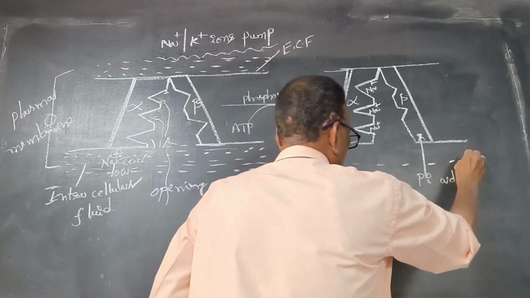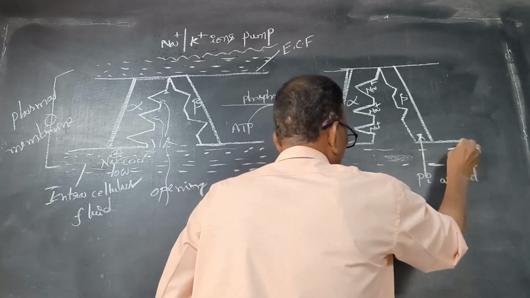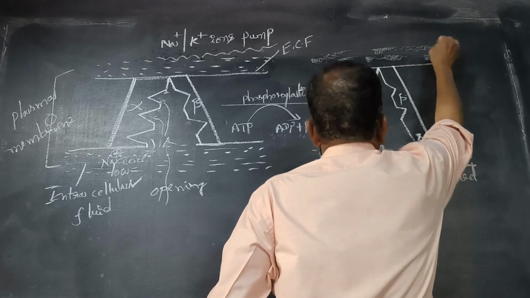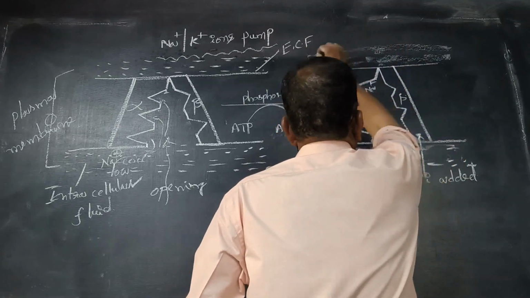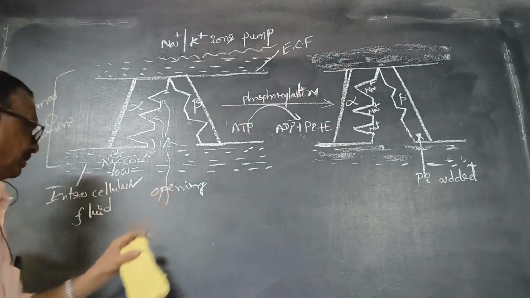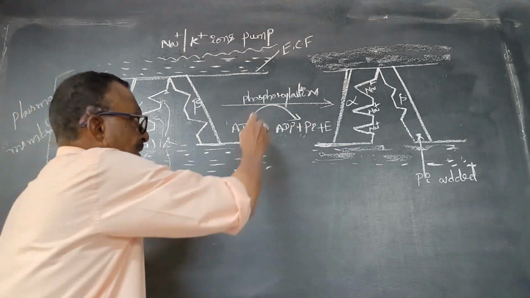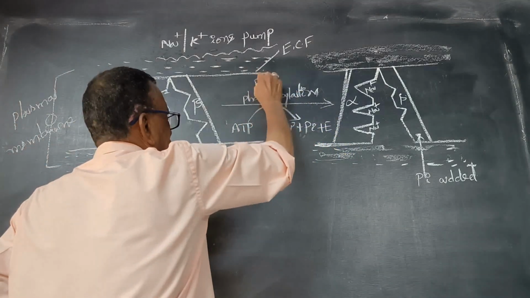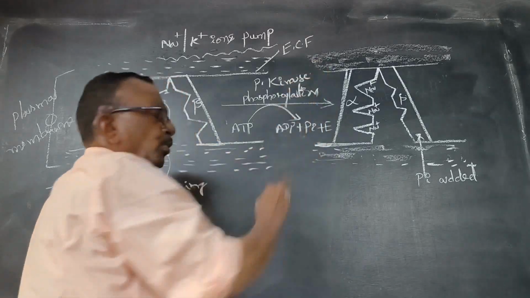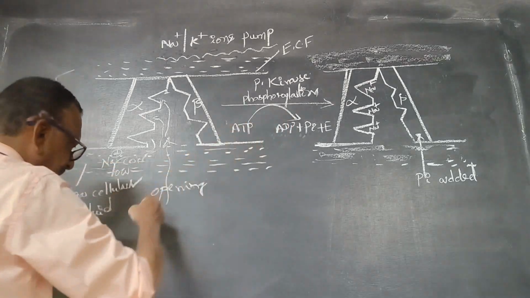We have to draw intracellular fluid here and extracellular fluid here. Okay. Now the second diagram. So here this is phosphorylation. This is catalyzed by which enzyme, please? Protein kinase. Protein kinase. And now in the next diagram, I will draw that one first.